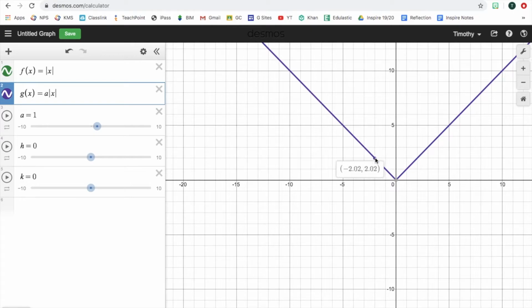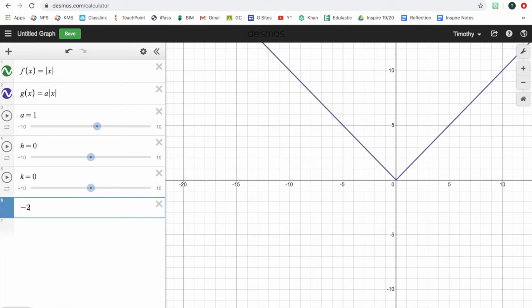So negative 2, 2. If I increase a, if I stretch it, if I make this 2, we're going to multiply every point, that is every vertical value, by 2. So this 2 times 2 would go to 4, and then this is 3 for the y value, so that would go to 6, and so on. I'll actually write the points here.